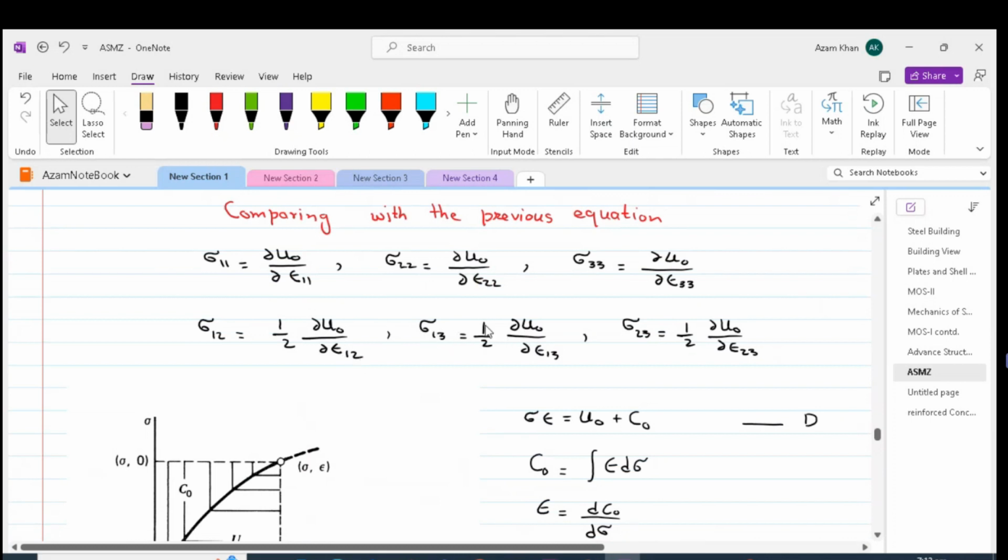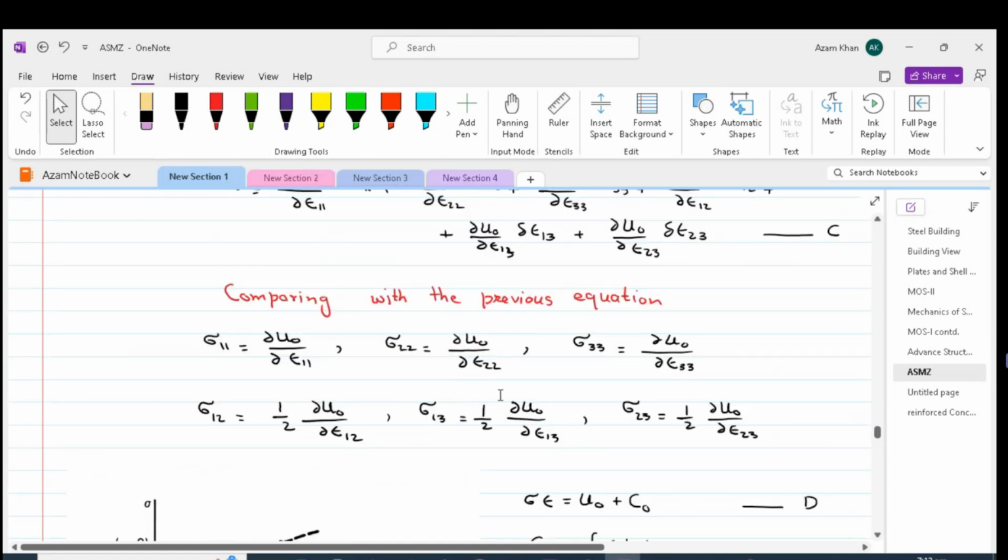Sigma 13 is equal to half of partial U naught by partial epsilon 13, and sigma 23 is half of partial U naught by partial epsilon 23.